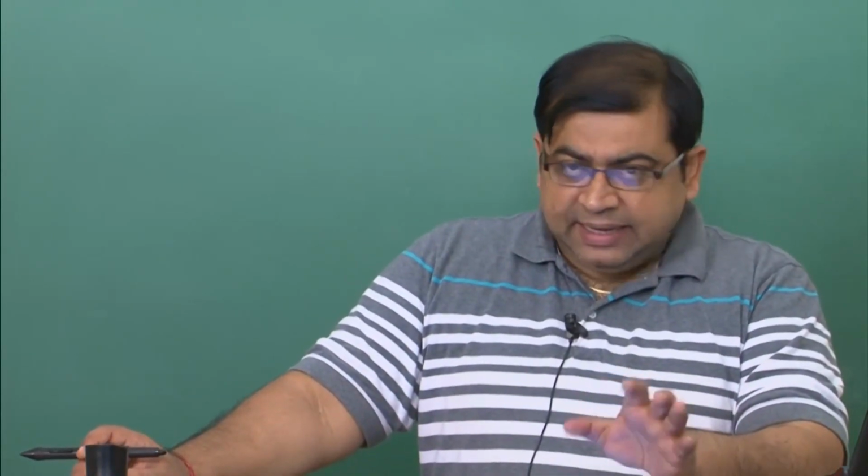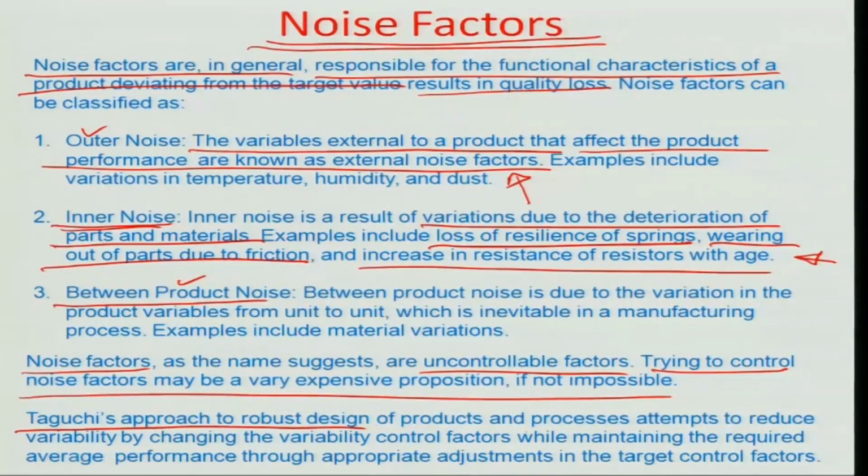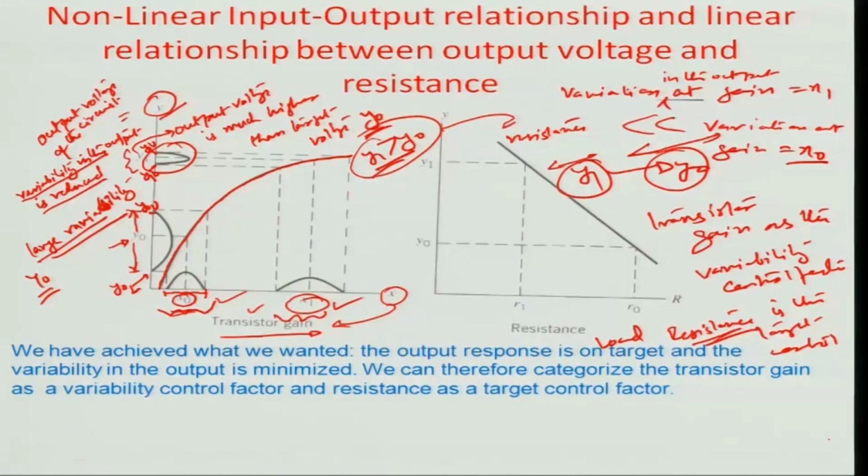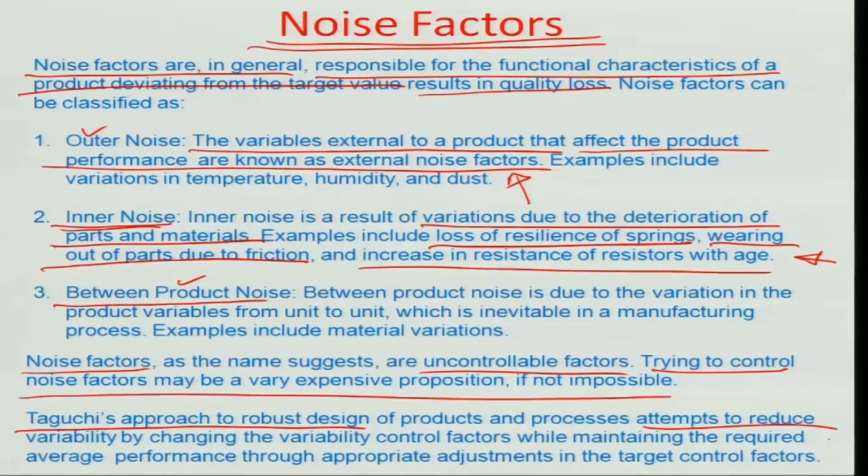So by and large, the whole of Taguchi's approach of robust designing is based on attempts to reduce the variability by changing the variability control factor while maintaining the required average performance through appropriate adjustments in the target control factors. You've just seen an example problem before of the transistor and how gain is able to influence the variability control factor.